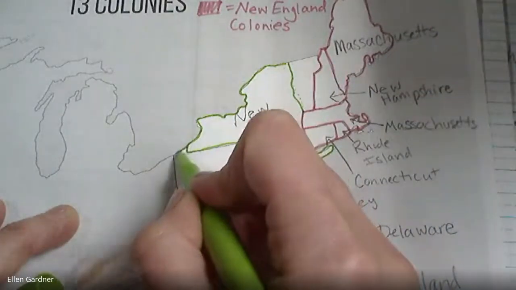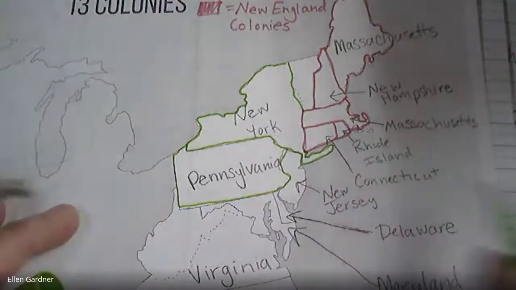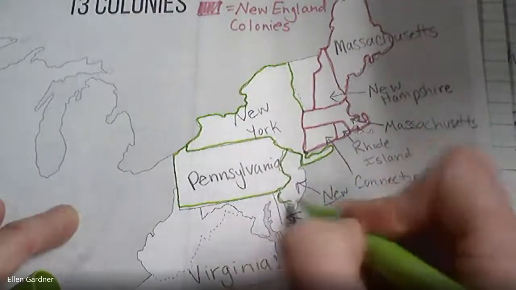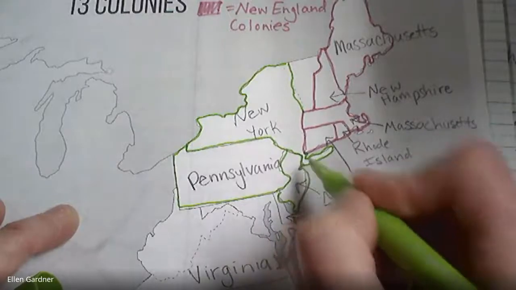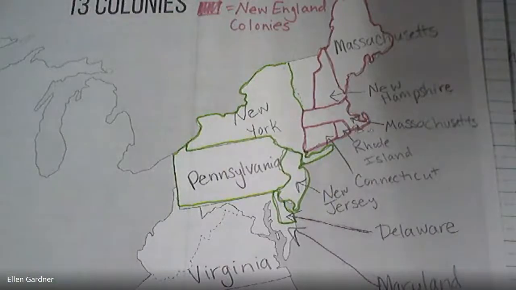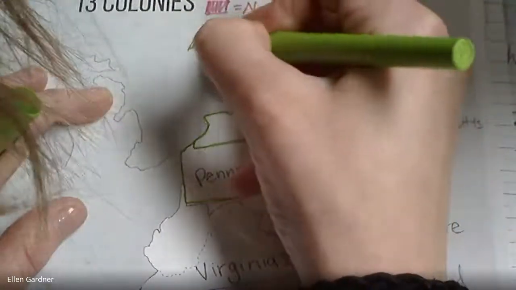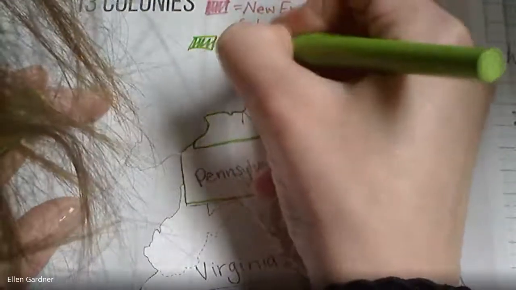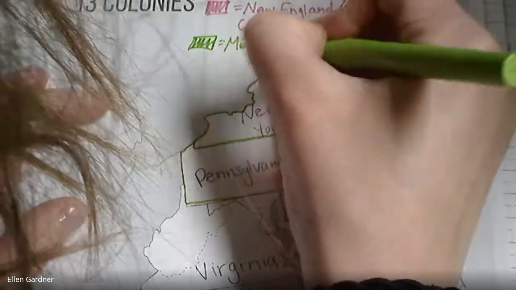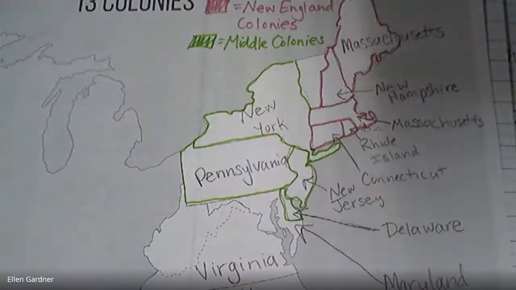New York, Pennsylvania, New Jersey, and Delaware. So those are all middle colonies. So that's what I'm going to put up at the top, middle colonies.